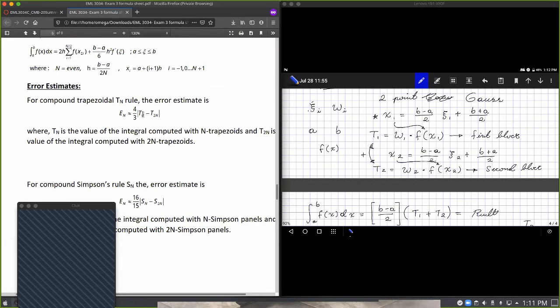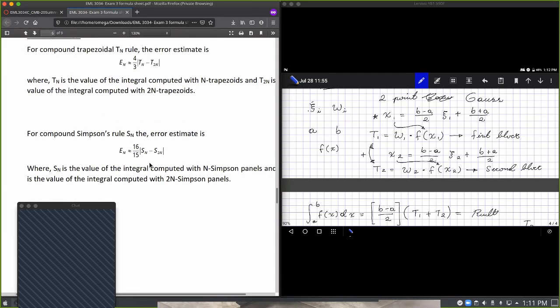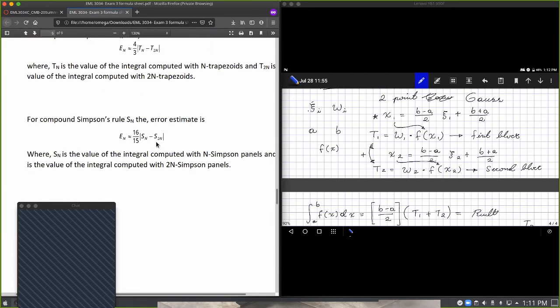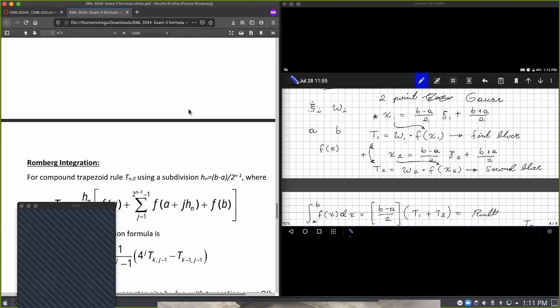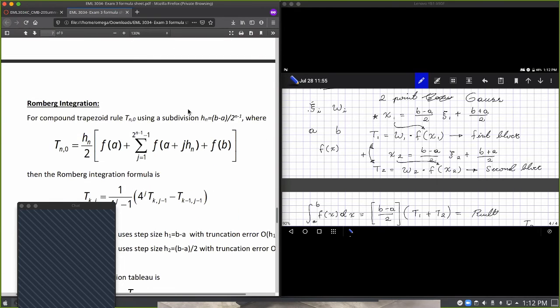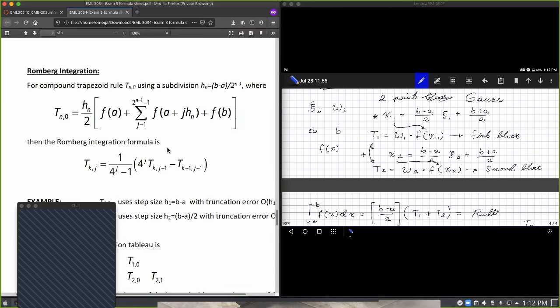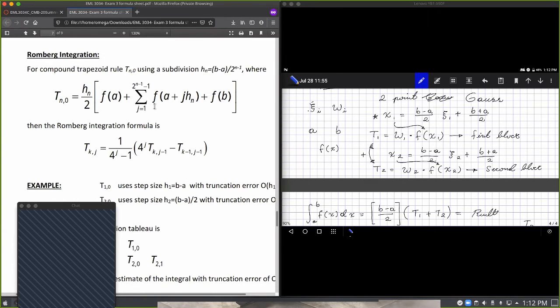So what you do is you put the 2 in here, and when you put the 2 in here, this becomes a 4. So this is the error between using 2 trapezoids and 4 trapezoids. Just put the lowest value, and this guy will multiply by 2. Same thing here when you're calculating the error using Simpson's rule. You're definitely using that. You're definitely using Romberg integration. You will see Romberg on the exam.